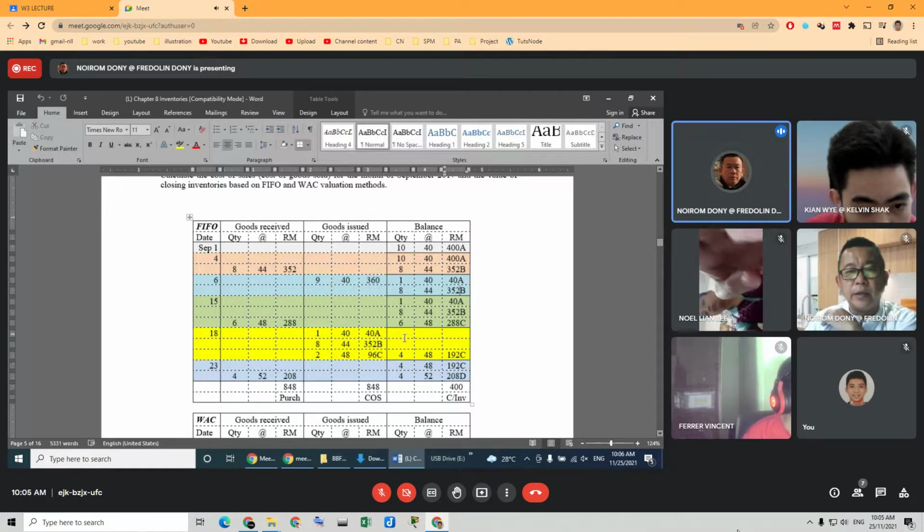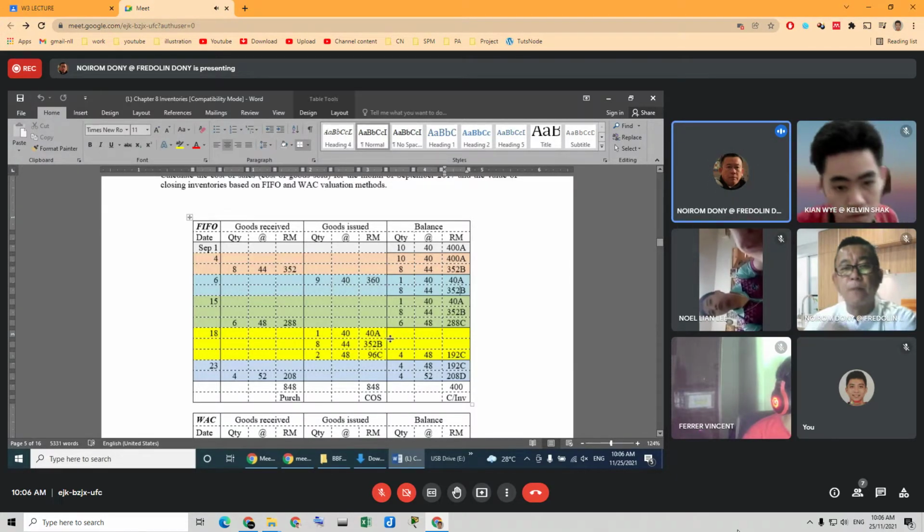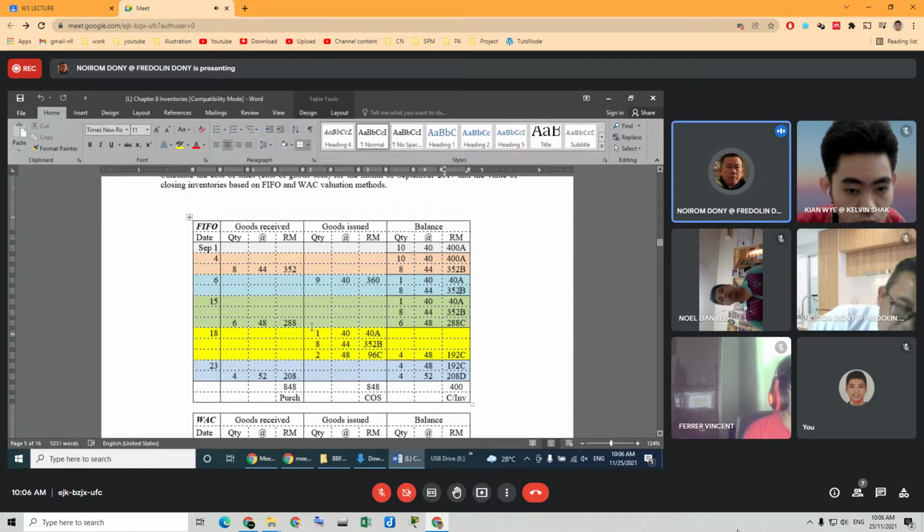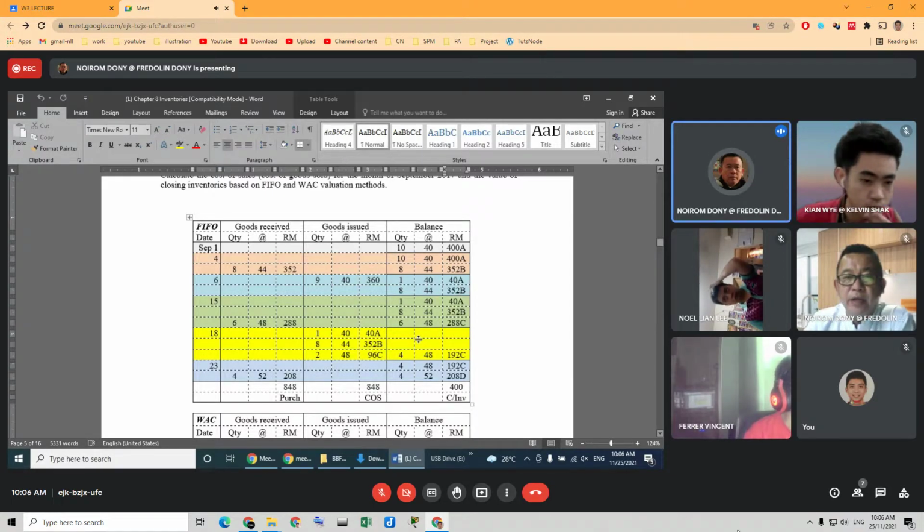Then the last transaction for the month of September is on the 23rd. We have purchases. Since we have purchases, the first thing you have to do is rewrite the existing balance. So write down the first row, 4, price per unit 48, and 192 total.